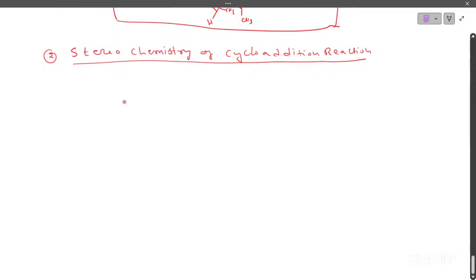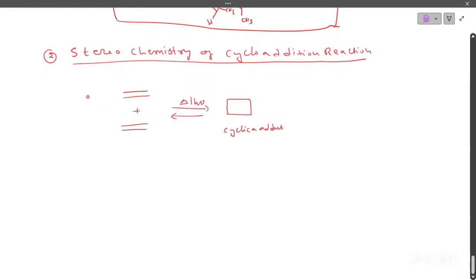For example, you take two olefins undergoing addition that leads to a cyclic product, that is a cyclic adduct, or its reverse.